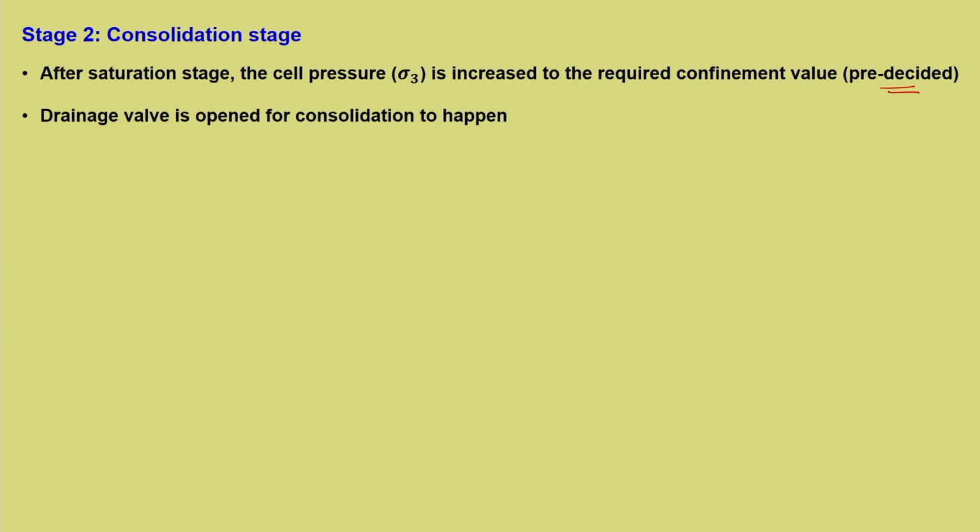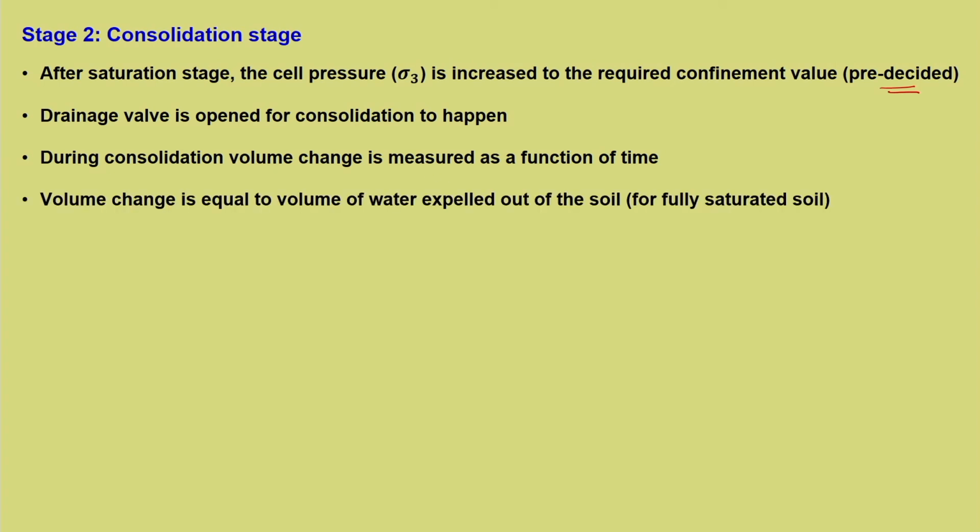So, under a given pre-decided confining stress, the consolidation is carried out, and for that the drainage valve is opened. During consolidation, volume change is measured as a function of time. Volume change is equal to the volume of water expelled out of the soil for fully saturated soil. Again, now you will understand why soil has to be fully saturated.